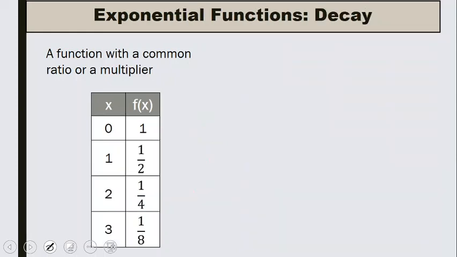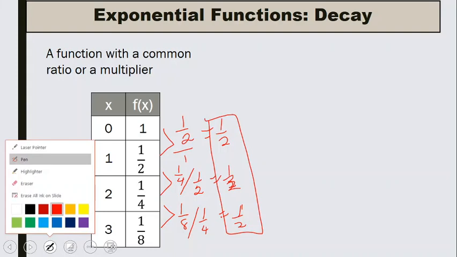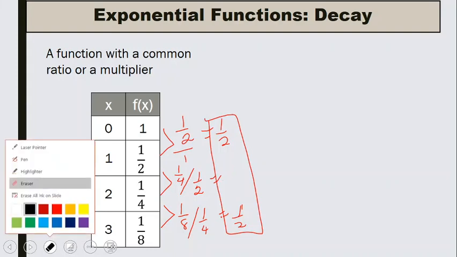In the case of exponential decay, if we do the same thing by dividing, here we have 1 over 2. If we divide 1 over 4 by 1 over 2, we end up with 1 over 2 again. If you divide 1 over 8 by 1 over 4, you get 1 over 2. So we also have a consistent common ratio down the table.